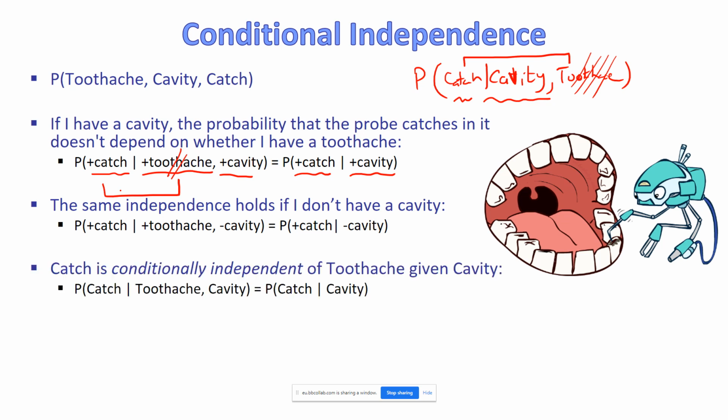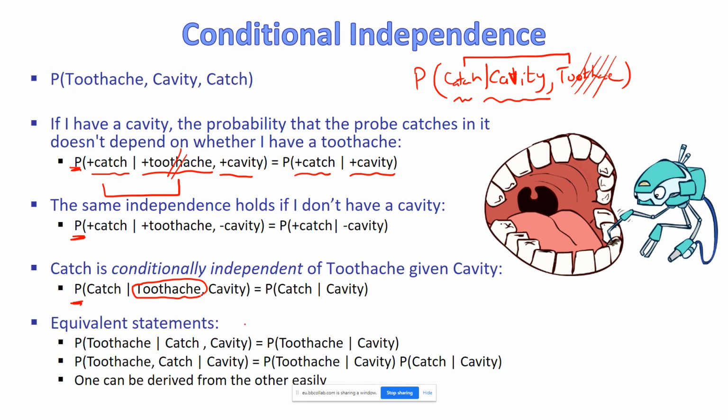So in both cases, I can now generalize and say, notice that these are probabilities. This one is a distribution. We are using the capital letters here. Probability of catch given toothache and cavity is equal to probability of catch given cavity. So this is like ignoring toothache at all. And this can be also written in other forms that are completely equivalent.